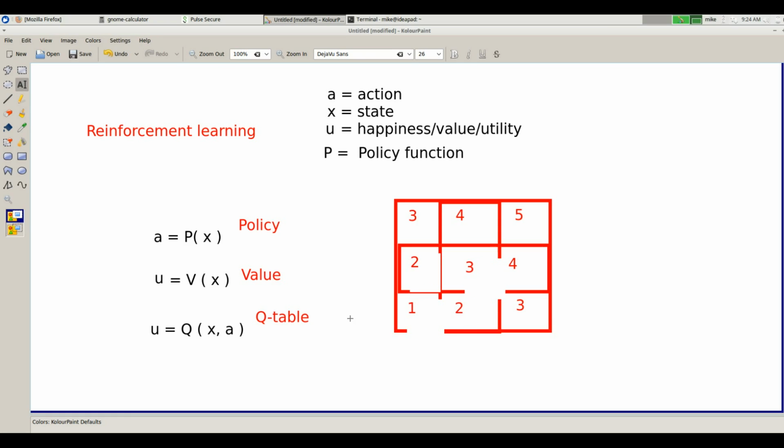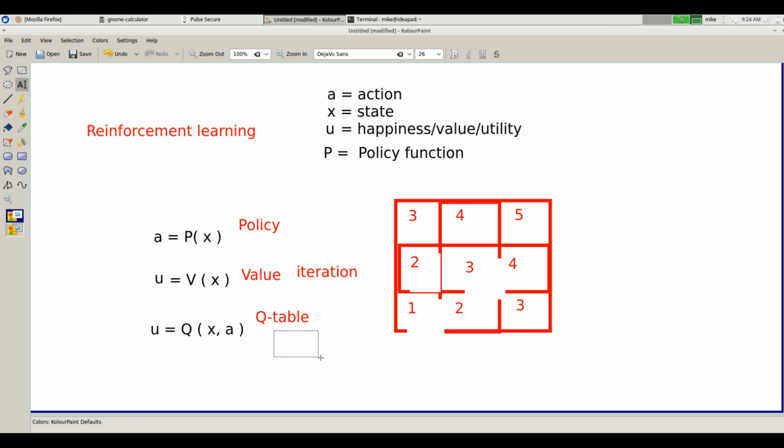That kind of suggests you should try to go from the bottom left corner up to the top right corner, right? Because you're seeking greater value. If we use some equation and we say each state is a function of the states adjacent to it, according to what action you do, we can iterate on the values and get a table that converges. This is called value iteration. When you iterate values until it converges, you've done value iteration, which is a type of reinforcement learning.